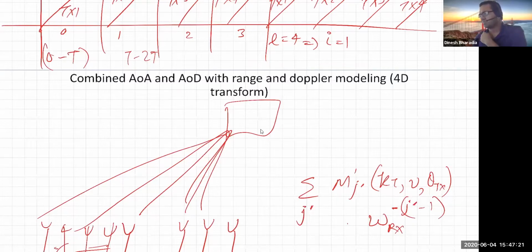What does this lead to? I think we defined this notation.